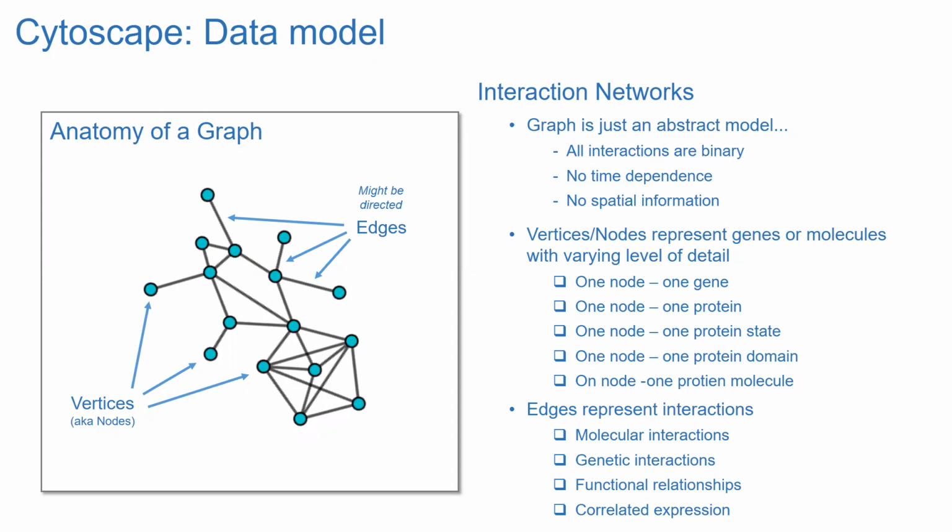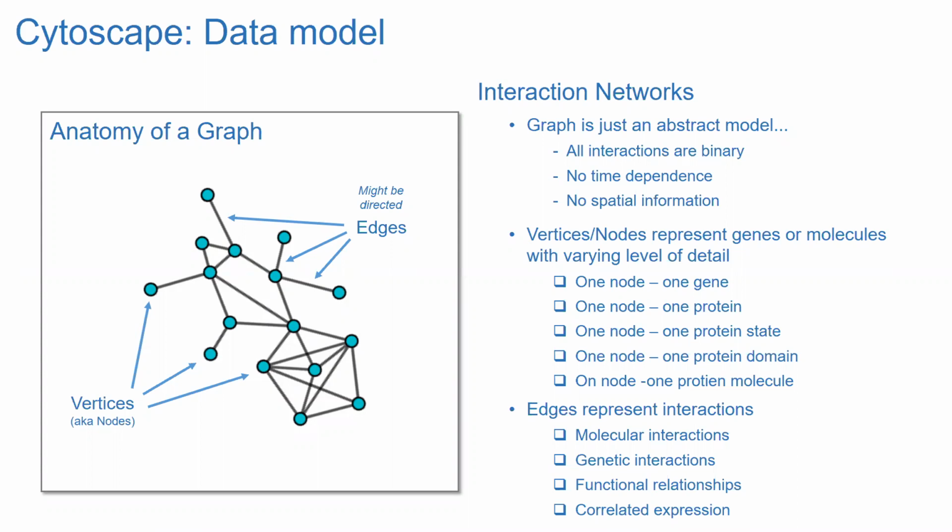People tend to think about the node here as corresponding to one gene, let's say actin or myosin or P53 or whatever. Or they might assume that it's just one protein, so P53 protein or actin protein or whatever.